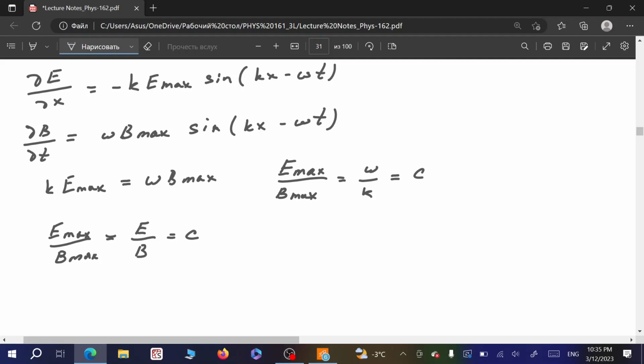So that's a fundamental property of electromagnetic wave, which you should remember along with the expression for the speed of propagation of electromagnetic wave in free space, which we can remind here, which is c equals 1 over square root of mu naught times epsilon naught.